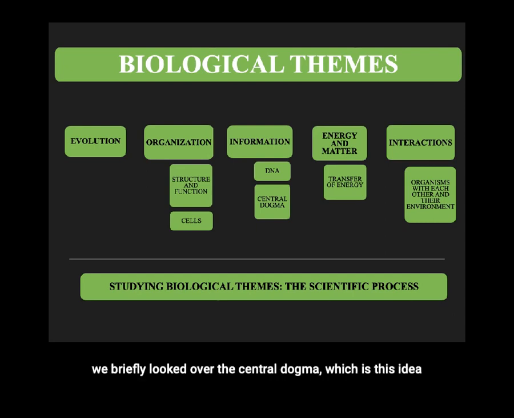And we briefly looked over the central dogma, which is this idea that DNA is transcribed into mRNA in the nucleus. mRNA leaves the nucleus and goes to a ribosome for translation into an amino acid chain, which will become a protein. Now we're going to look at energy and matter.